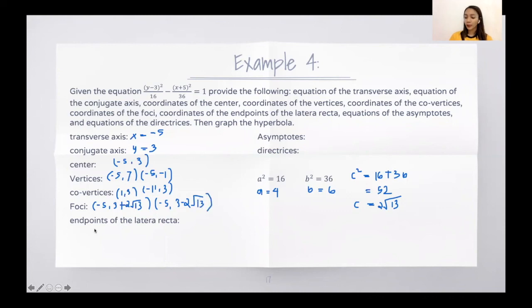Next, to find the endpoints of the lateral recta, we have 4, 3 minus 2 the square root of 13.